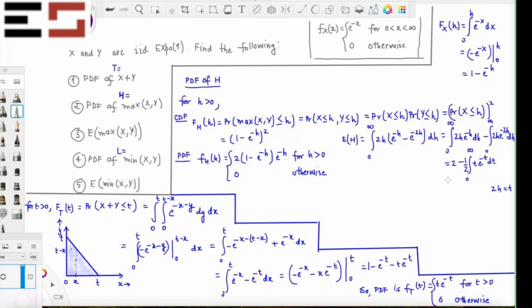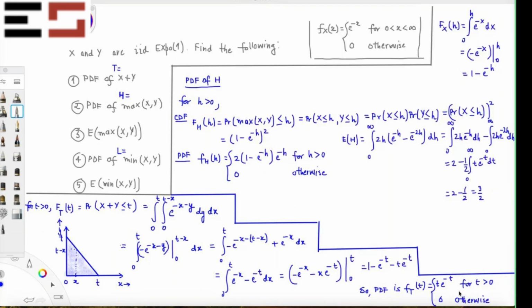So we are going to get 2 minus half, which is 3 by 2. Is that okay? Is this clear? Have you all understood this?